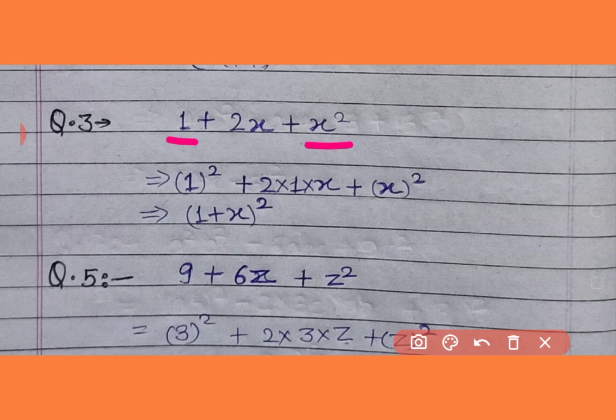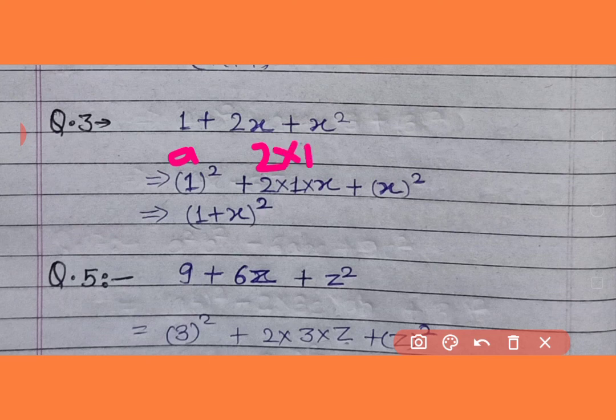So we can write it in the form of 1 square, and 2x is broken in the form of 2ab, because the value of a is taken as 1 and the value of b is taken as x. So 2x means 2 multiplied with a into b, where 2 is common according to the formula.